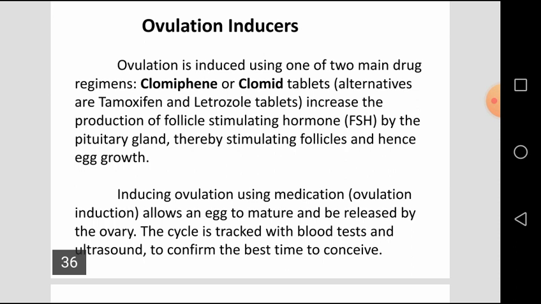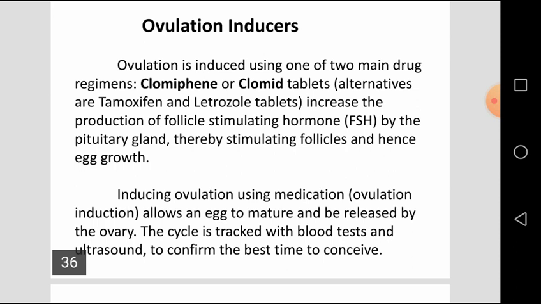Usually the ovulation, the thickness of the endometrium, the release of ovum, then sperm motility, and fertilization, all these processes will be monitored.